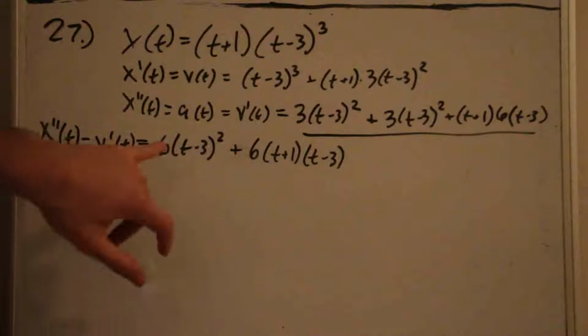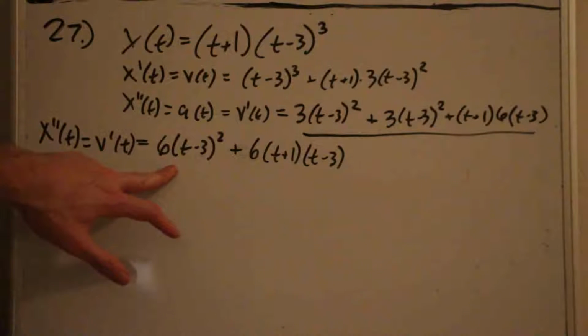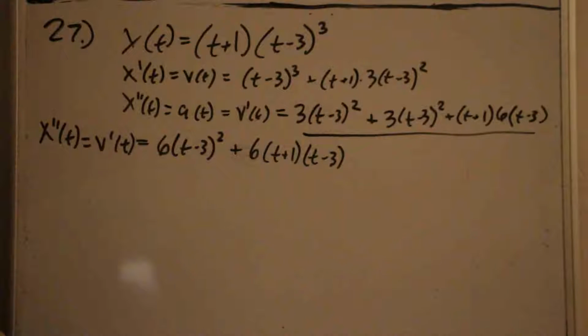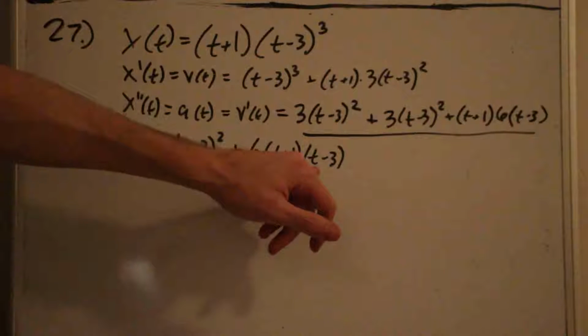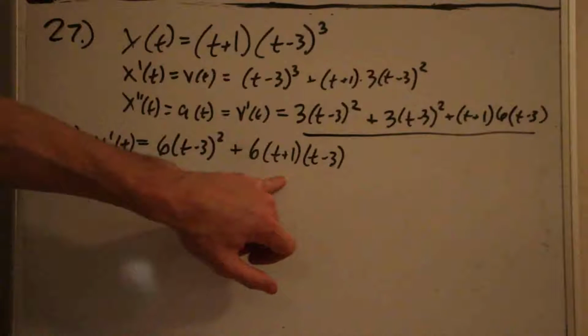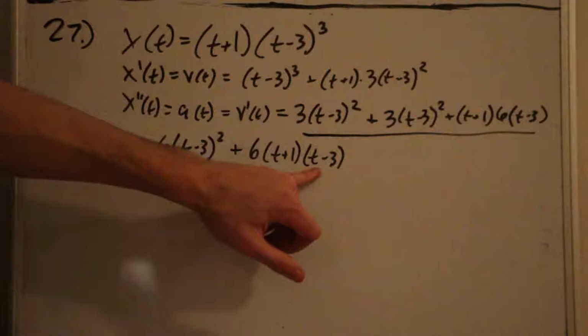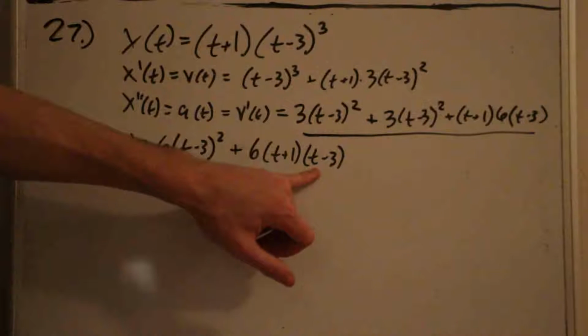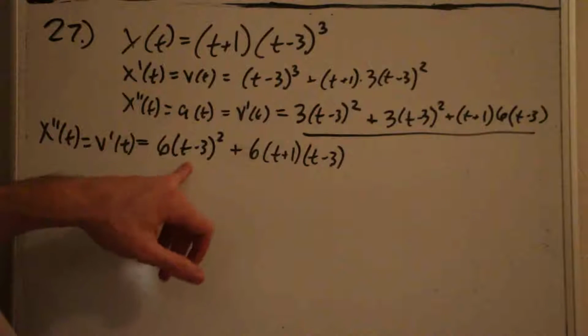If I want to figure out where this is positive, okay, well, if t is less than 3, like 1 or 2, this is going to be negative, and this is going to be positive, okay? If t is greater than 3, then this is going to be positive, and this is for sure going to be positive.